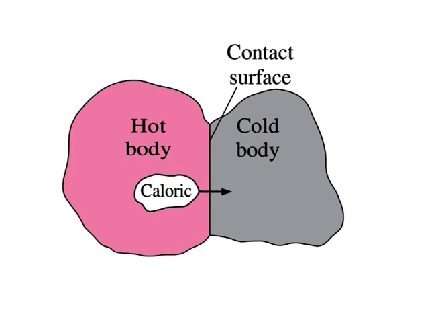When a body could not contain any more caloric, much the same way as when a glass of water could not dissolve any more salt or sugar, the body was said to be saturated with caloric. This interpretation gave rise to the terms saturated liquid and saturated vapor that are still in use today.